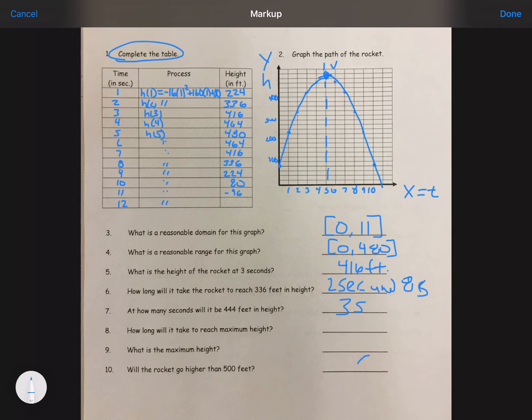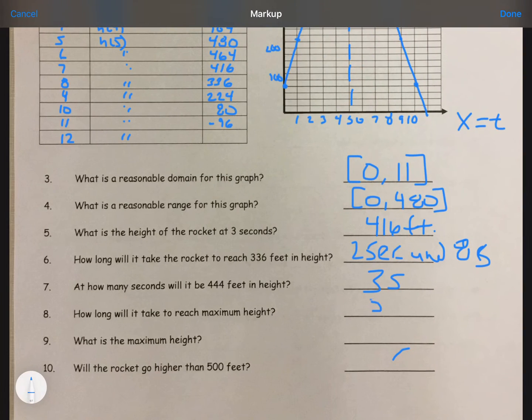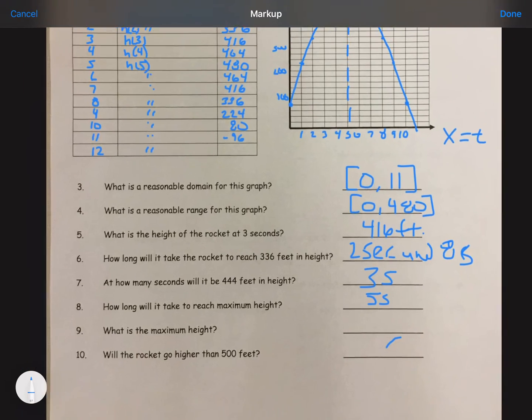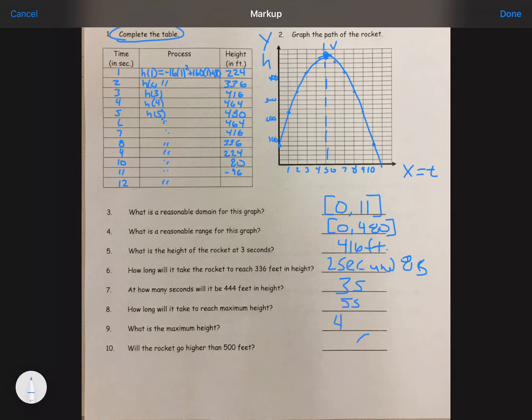It takes 5 seconds to reach the maximum, and our maximum height would be that 480 feet. So if we asked, will the rocket go higher than 500 feet, what would we say? No.